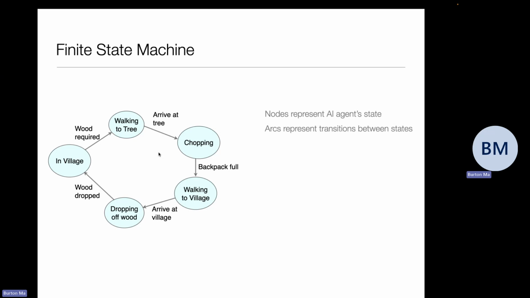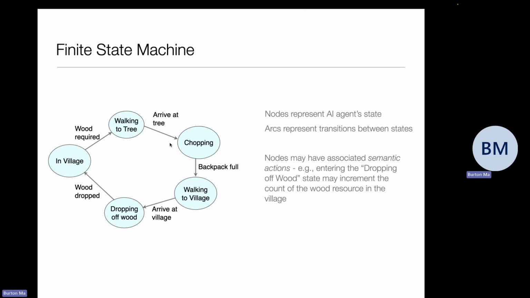All right, so the circles shown in pale blue, these are called the nodes. These are just the states, right? The arcs or the arrows between states are the transitions. So the nodes can have some sort of meaning associated with the actions, right? So for example, when you drop off wood, you probably want to increase the inventory of firewood in the village.